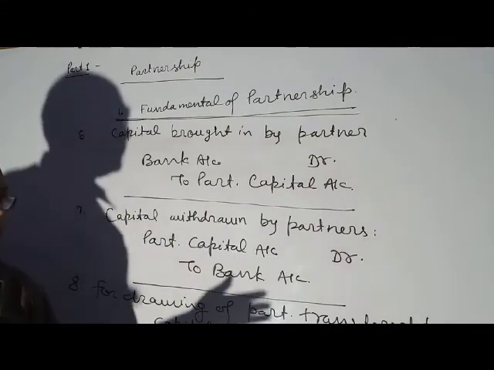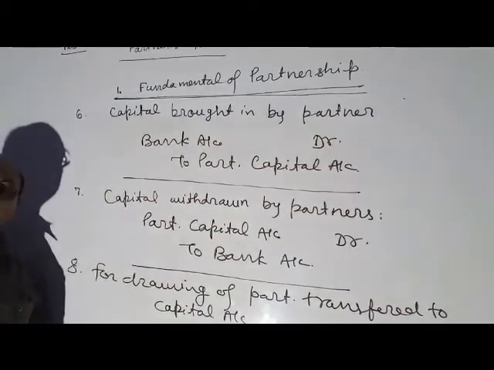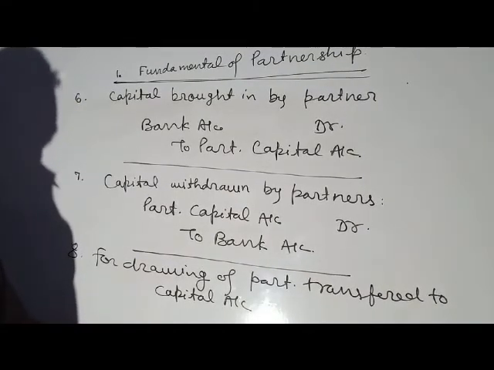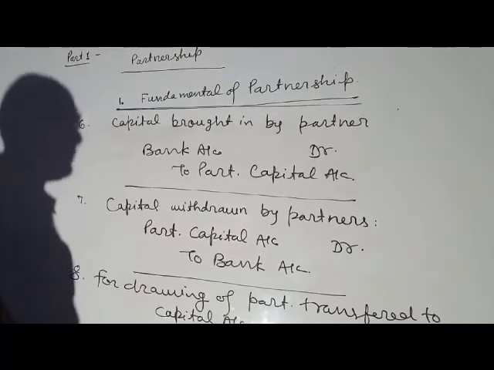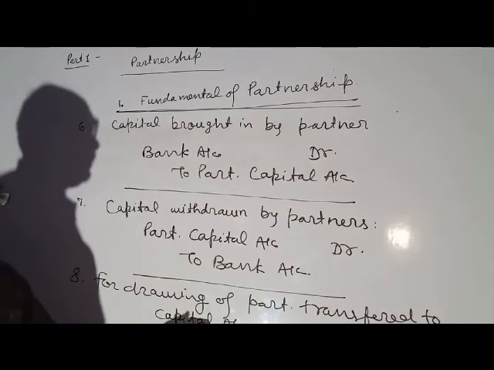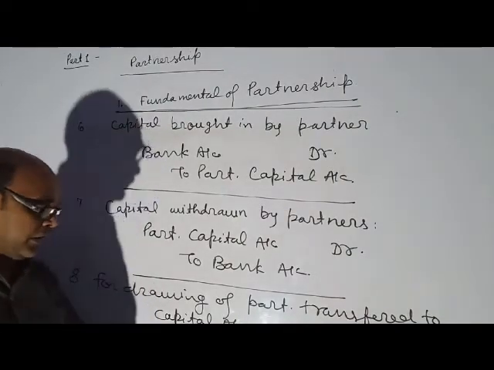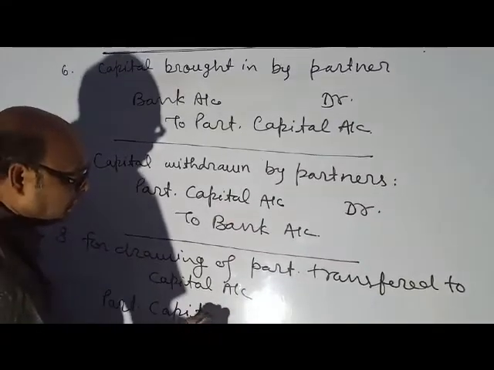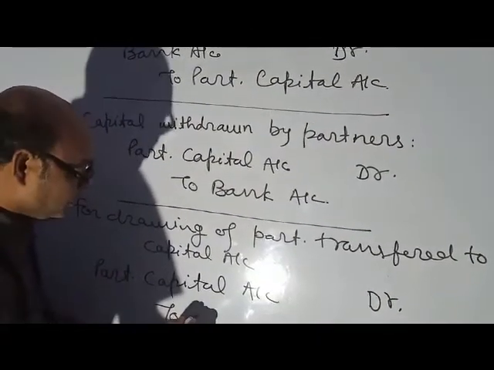But this entry is not recorded at the end of the year, because during the year when the partners make the drawing, we record drawing account debit to bank. So this entry we have already recorded. The PL appropriation and partners capital account is drawn at the end of the year, so this entry is not required. Only the amount of drawing you will transfer to the partners capital account. So for this you will pass the entry: partners capital account debit to drawing account.